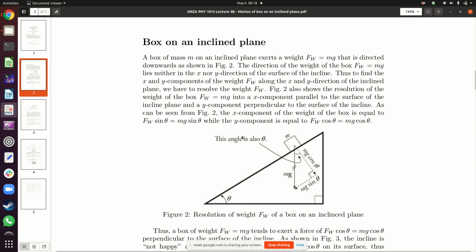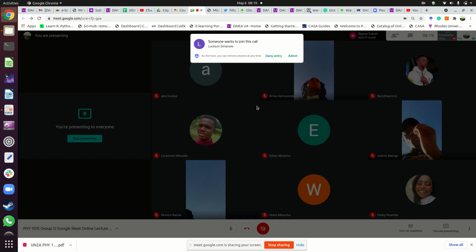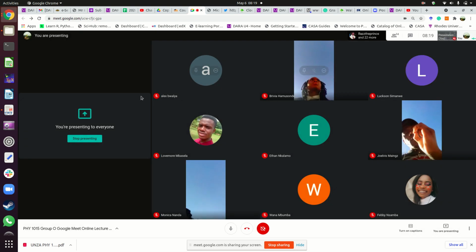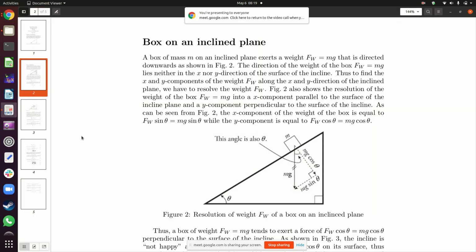There are two obvious forces acting on this box. If this box just stays there, there are two obvious forces. The first force is from the fact that this box has got mass. If this box has got mass, then it means that this box is being attracted towards the earth, towards the ground, by the earth. So this box has got weight.